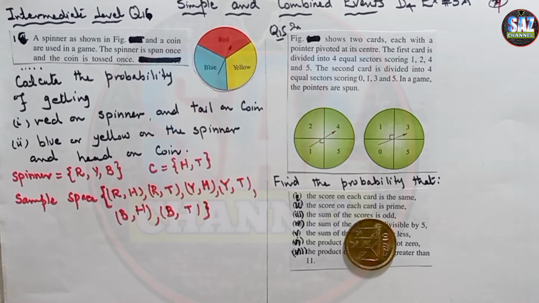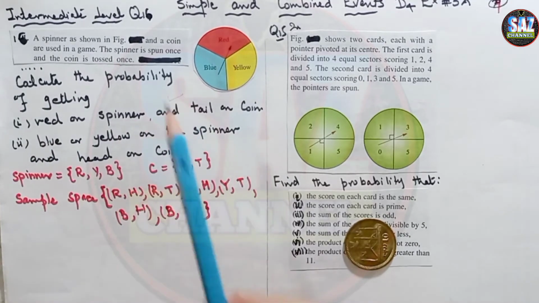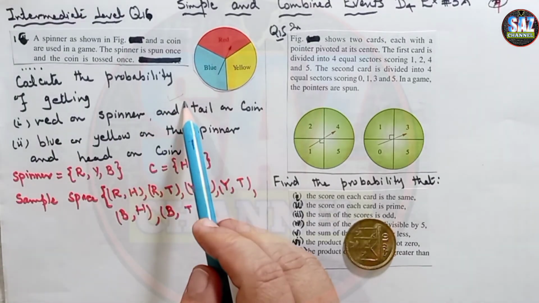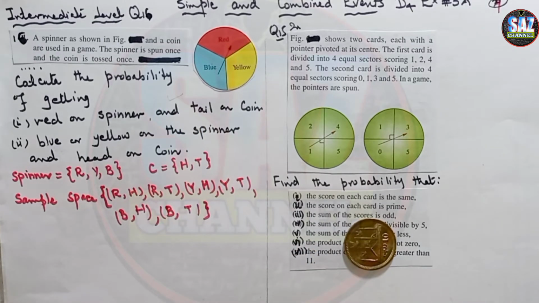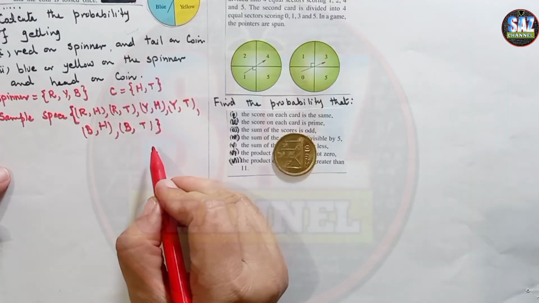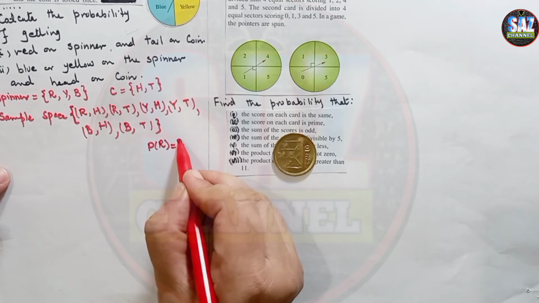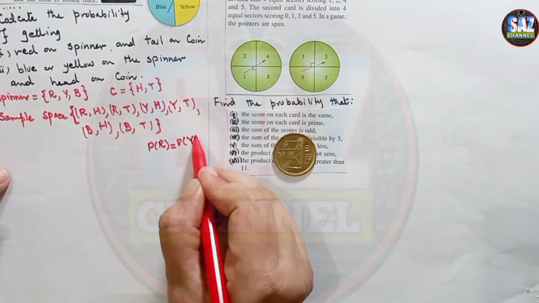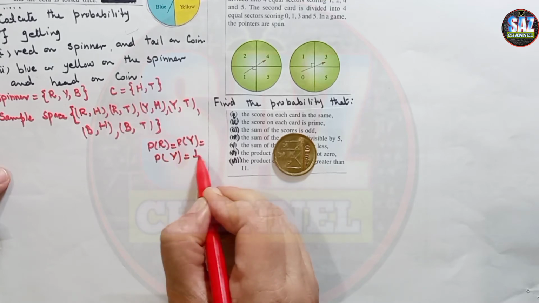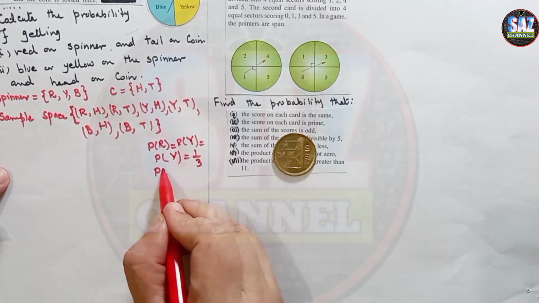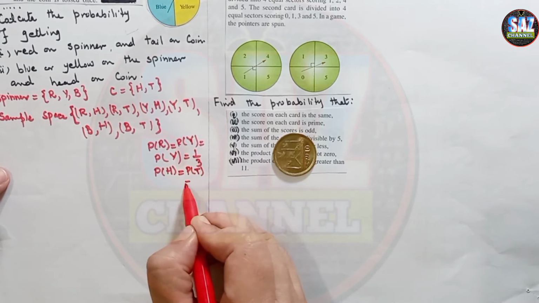Then the question says we have to find the probability of red on the spinner and tail on the coin. Here it's important to understand that the term 'and' means to multiply. For the spinner, the probability of getting red, yellow or blue is 1 by 3, and the probability of head or tail on the coin is 1 by 2.